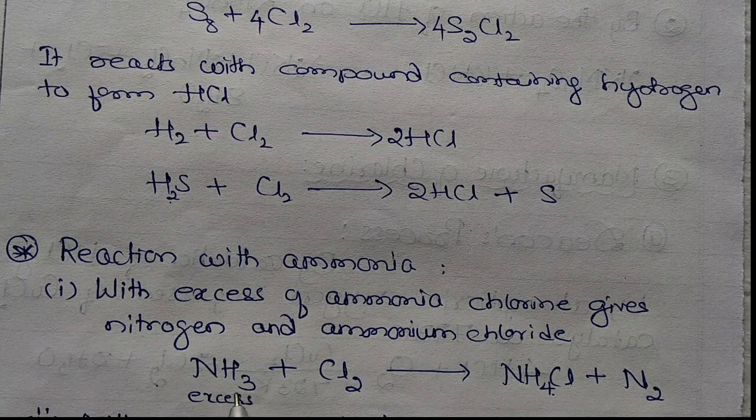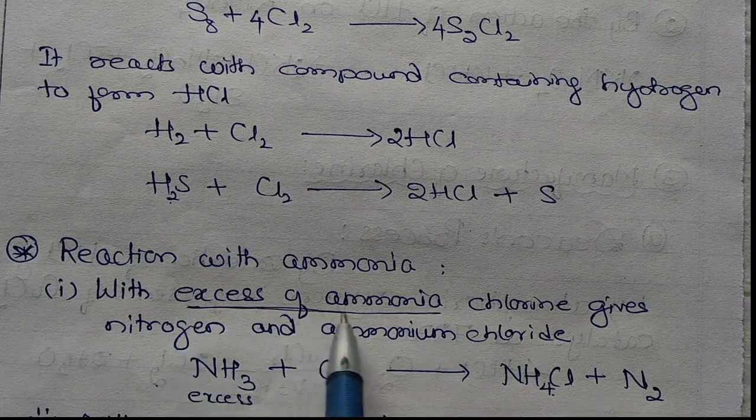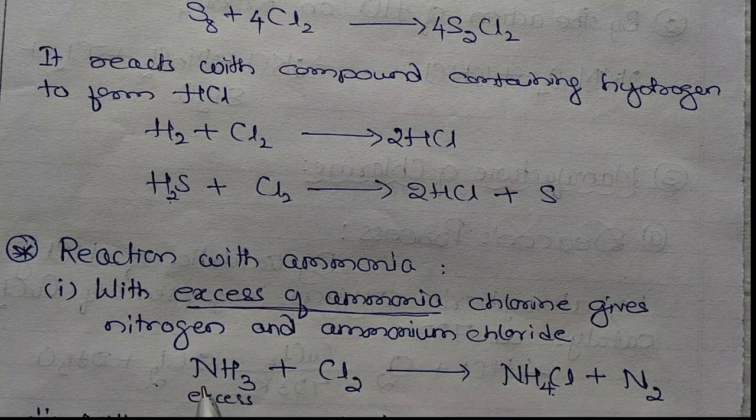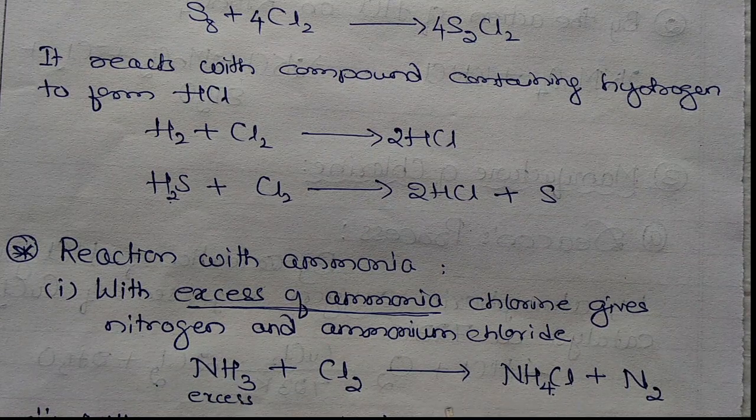So ammonia must be in excess. You have to balance this. It gives ammonium chloride, NH4Cl, and nitrogen gas is liberated. Here there is an even number of hydrogen, there an odd number, and we have to balance. There is one nitrogen here and 2 there, so 3 times 2 is 6.